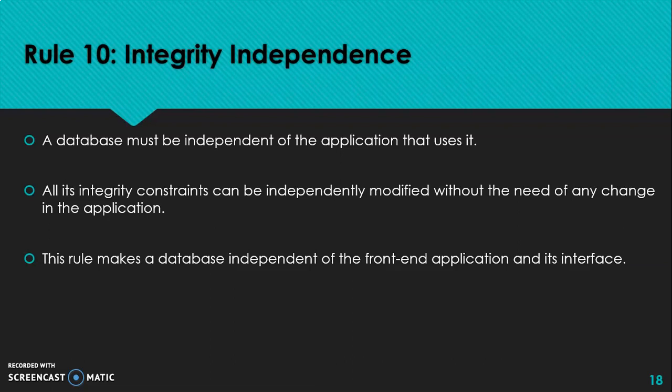So whatever the constraints or conditions that you have applied to the database, and if you think there should be some changes while upgrading your database, but if this upgradation does not affect any of your applications, this makes your database integrity independent.